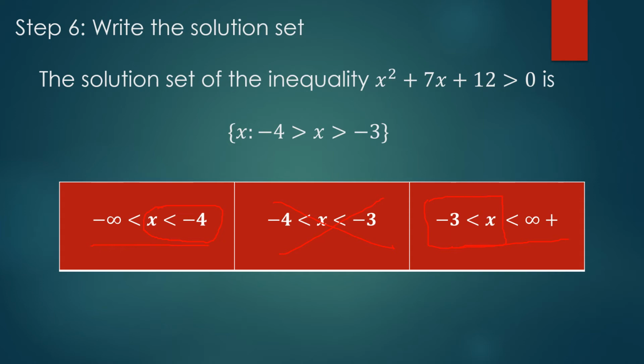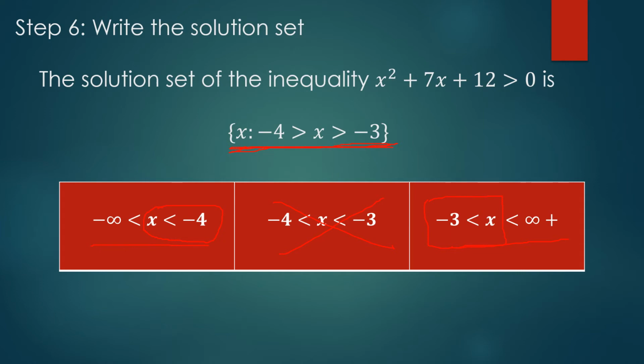Okay, so ganito lang yung pagkasulat. X, or all the values of x, such that negative 4 is greater than x, and x is greater than negative 3. So, nakaset yan siya. Ang ibig sabihin niyan, nakaset siya, marami siyang sagot.